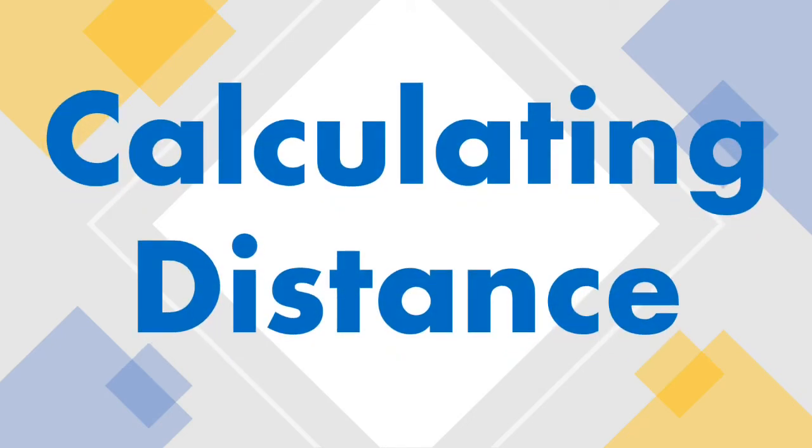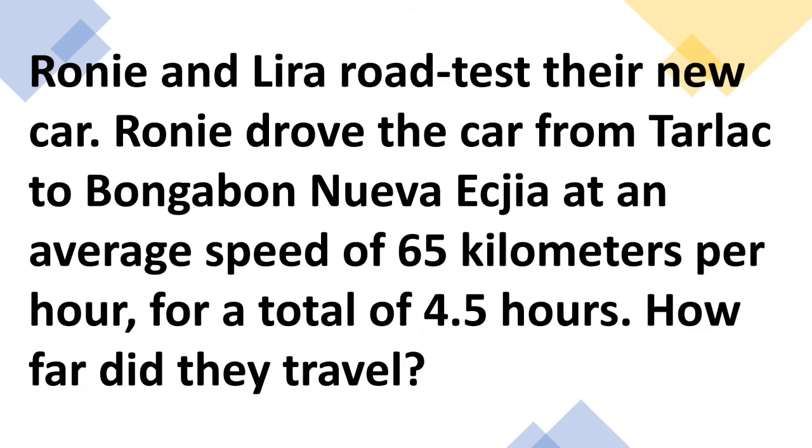Let's go now to calculating distance. So let us study this problem. Ronnie and Lyra road test their new car. Ronnie drove the car from Tarlac to Bungabon, Nueva Ecija at an average speed of 65 kilometers per hour for a total of 4.5 hours. How far did they travel?